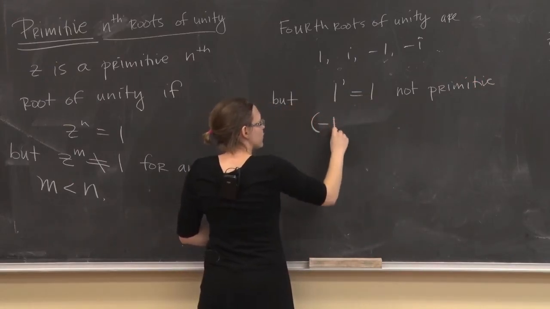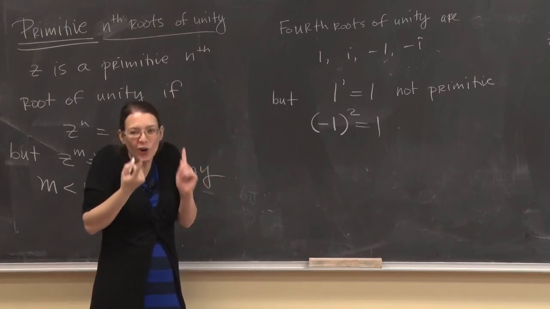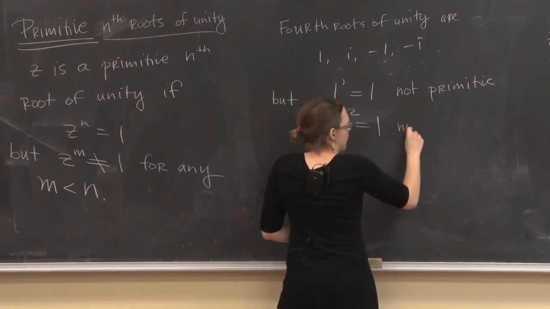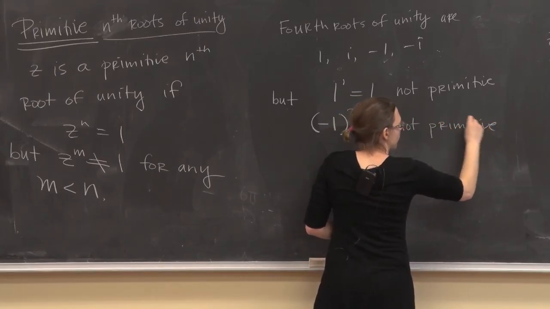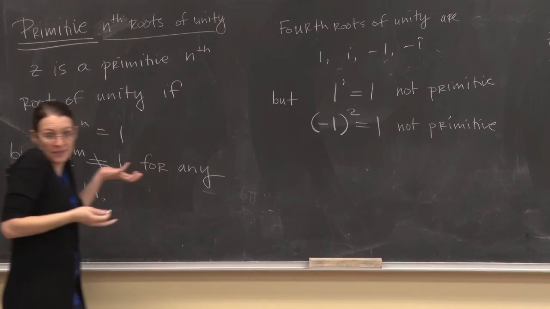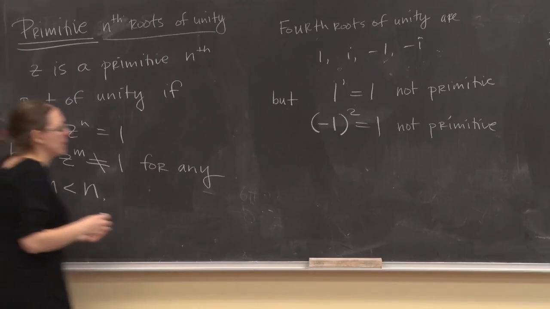And minus 1 squared is equal to 1. So you get to 1 earlier, so it's not primitive. Sometimes you think, if you keep raising, it'll still be 1, but it was 1 before, so it's not new.